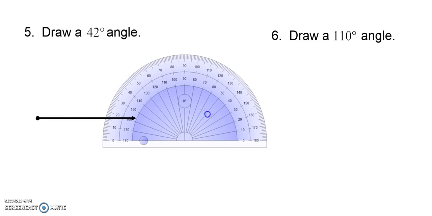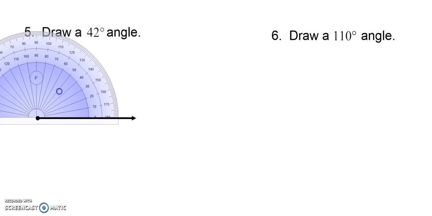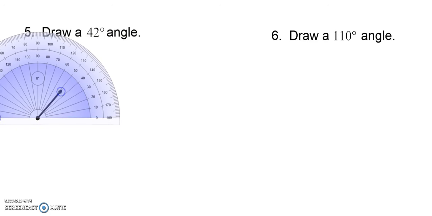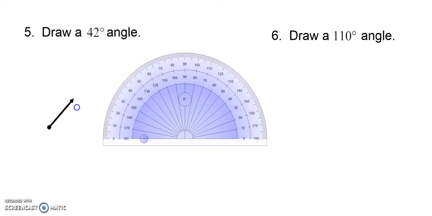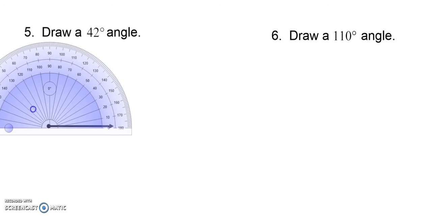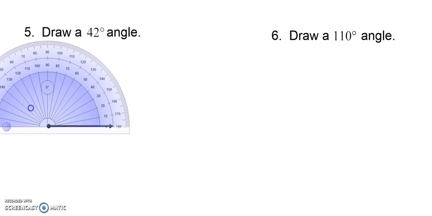All right. So now we're going to grab our protractor, and I want to line it up perfectly here. Sorry about that. I'm going to line this up at my vertex and line up that ray.